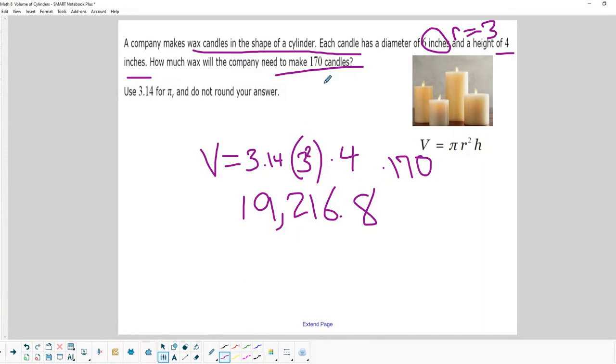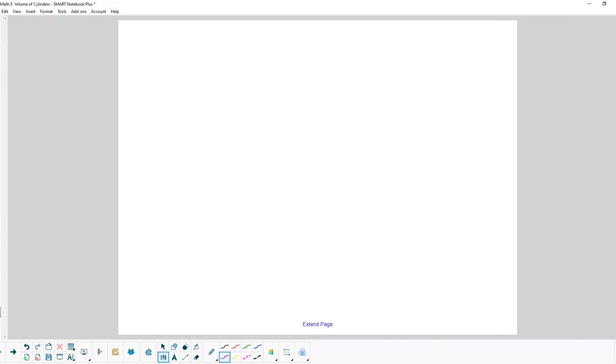How much wax will a company need to make this many candles? So this unit is inches cubed. Sounds like a lot, but it adds up fast when you're running a company that's making lots of candles, right? And then if you know you need that much wax, you can find out how much it costs for each cubic inch and start figuring out your total cost.